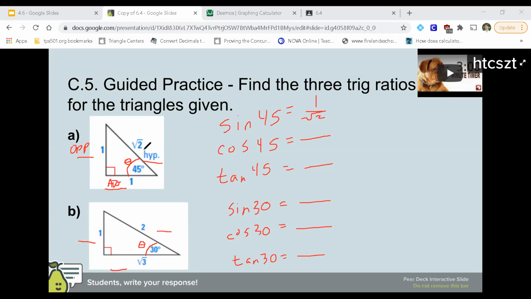They will instead fix that. Does anyone remember how to fix it? You just multiply by itself. So they'll fix this by multiplying it by itself to get square root of 2 on the top and then square root of 4 on the bottom. But what's the square root of 4? It's just 2.